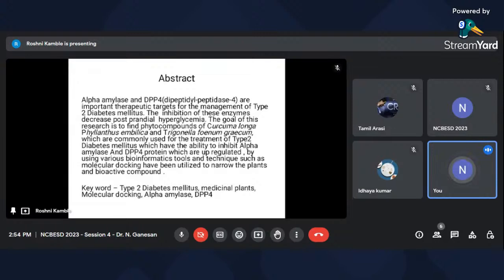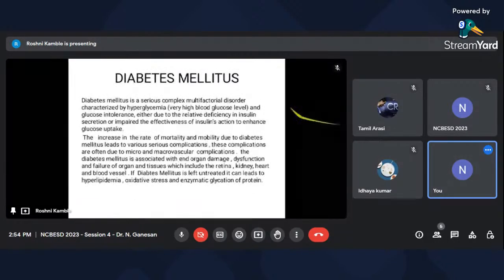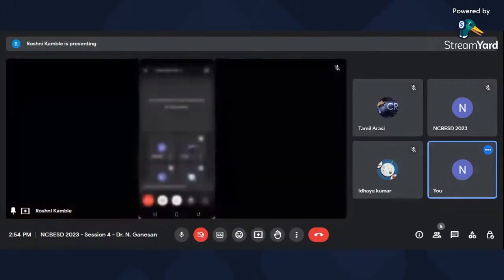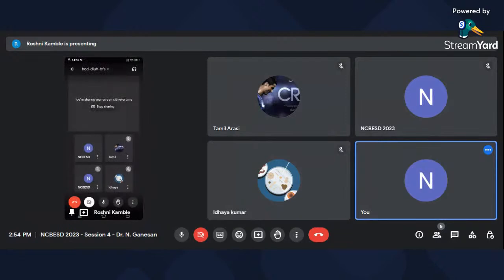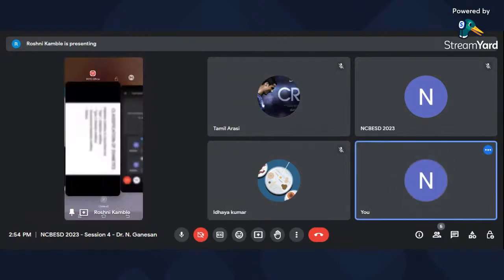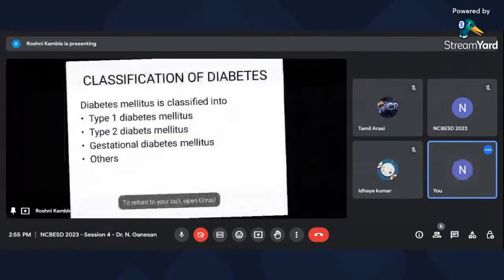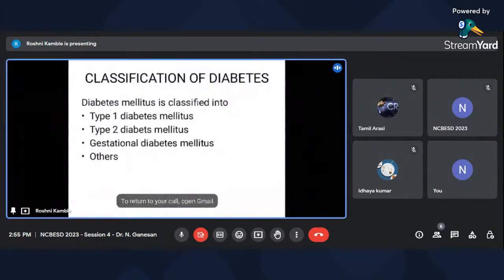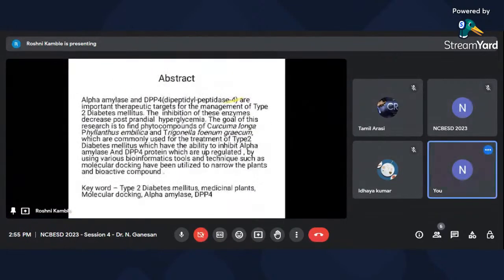Switch on your mic, Roshni, you're not audible. Ma'am, is my screen visible now? And now you're audible. Ma'am, and my screen is visible? Now your screen is visible.